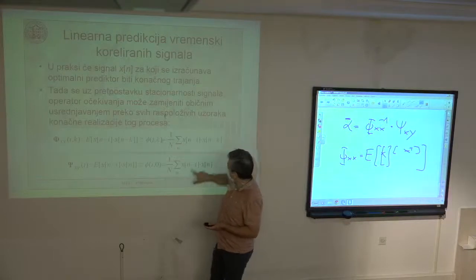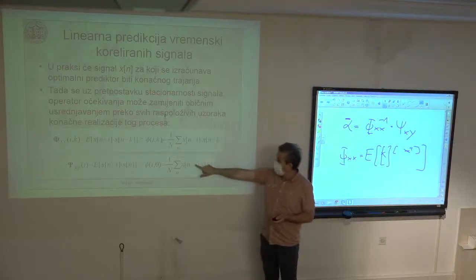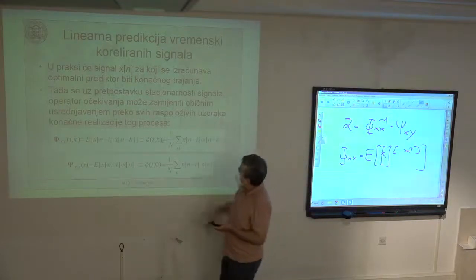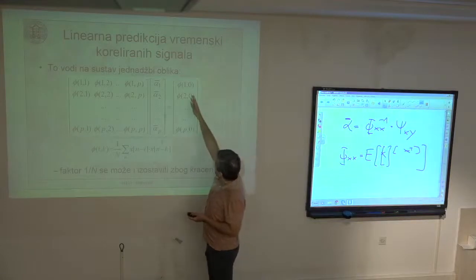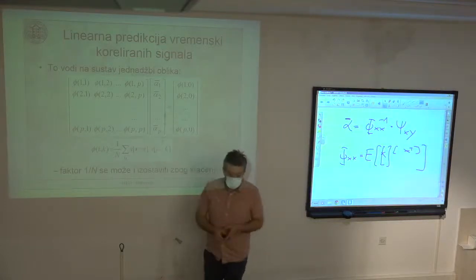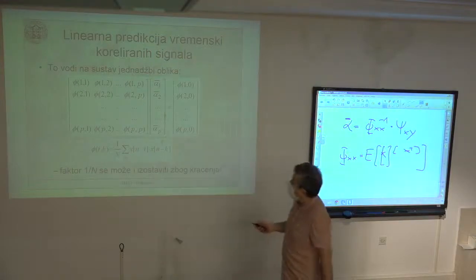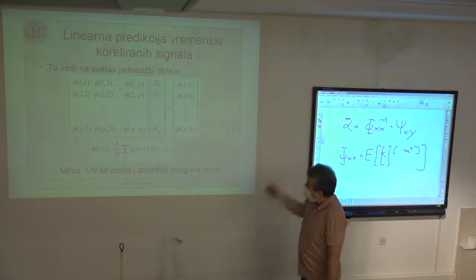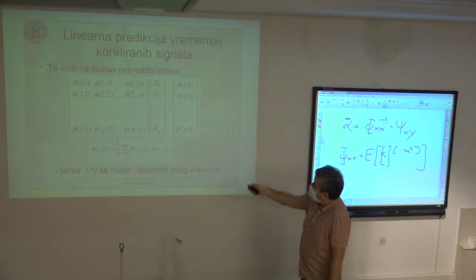So for psi, you can see that it has x(n minus i) times x(n minus 0). For that reason, for the column psi, I also have the same form of the elements phi of i comma k, but with k equal to 0. In the matrix, i is the row index and k is the column index.